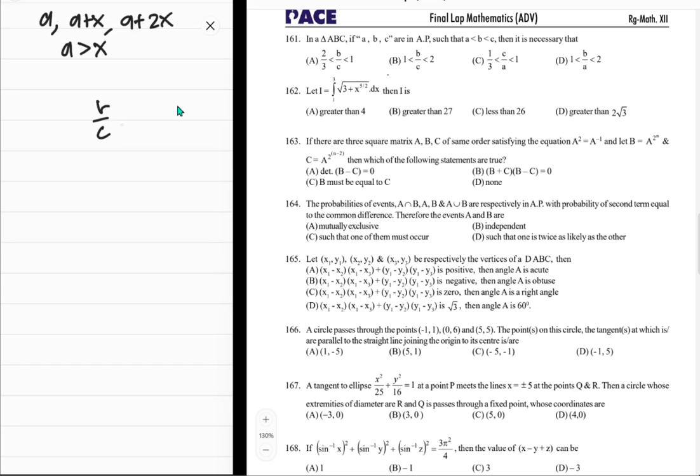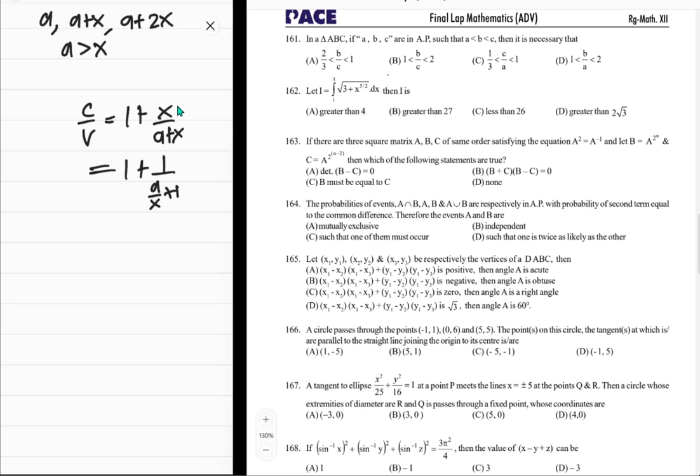So b upon c is equal to, oh okay, I missed that a plus x here by mistake. Then, okay, let's try c upon b again. c upon b is 1 plus, so yeah, it's a plus x, and then it's x upon a plus x, like that, which is 1 plus 1 upon a upon x plus 1, something like that, right?